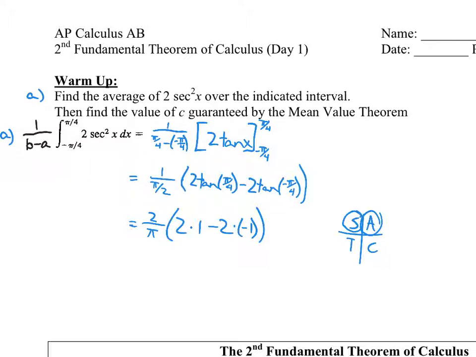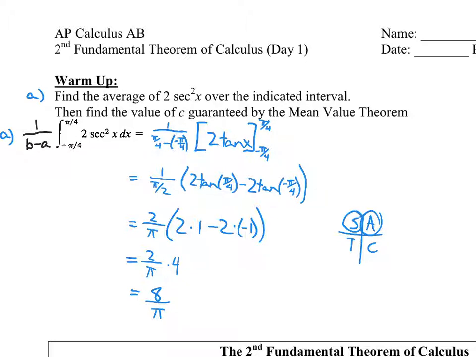So we keep simplifying here, and we get 2 over pi times 4, so that is 8 over pi. Okay? So that is the average value of 2 secant squared of x. What does it mean exactly by the average value?